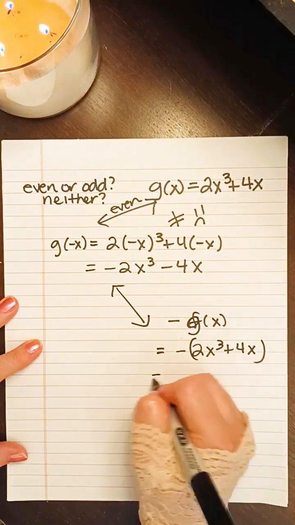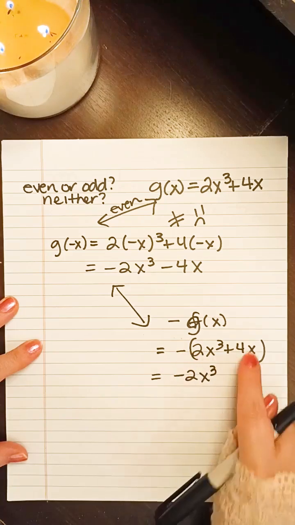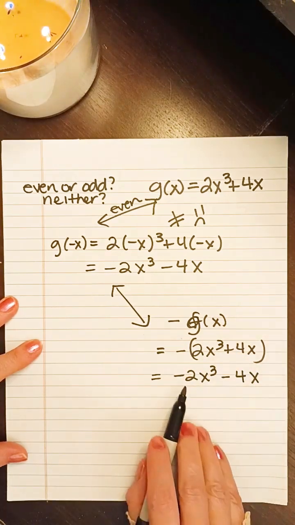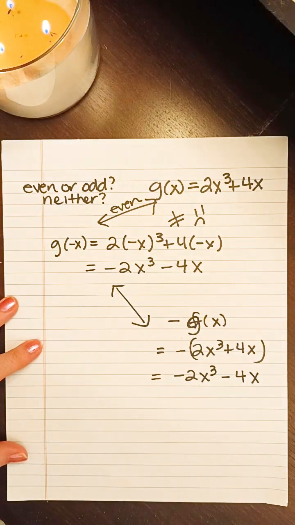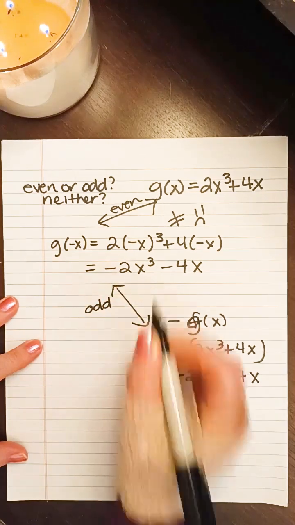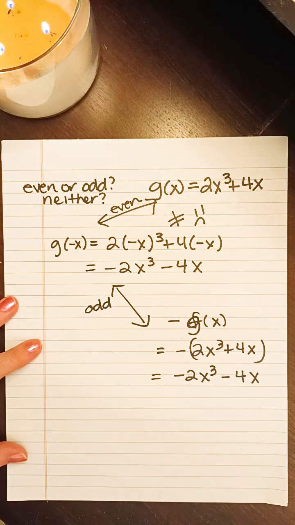So you have a -1 times 2x cubed is a -2x cubed, and a negative 1 times 4x is a negative 4x. And if this result is the same as this result, then g of x is odd, and they are the same. g of negative x is equal to negative g of x.